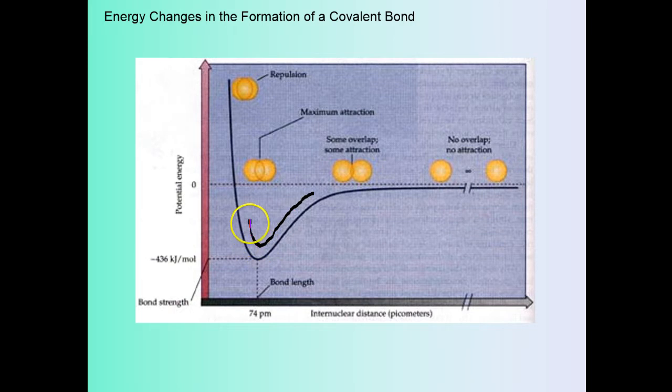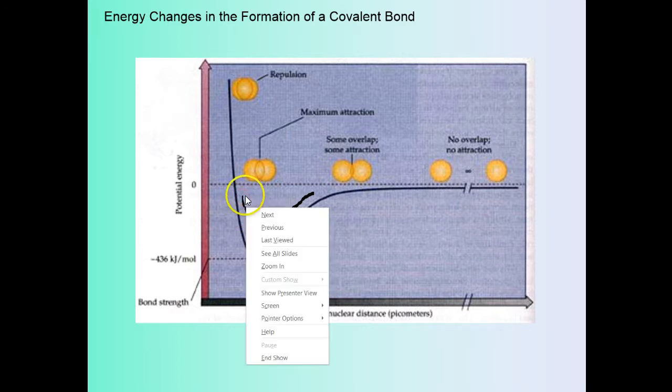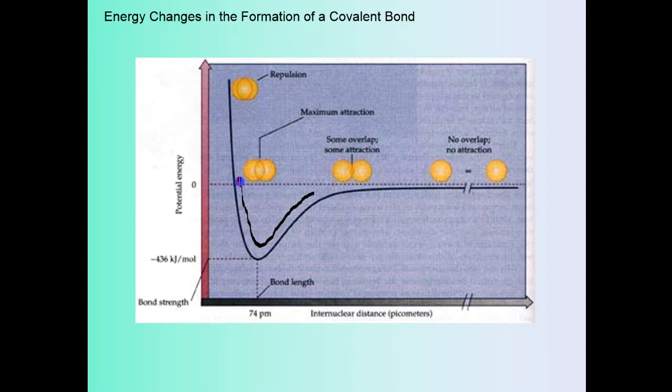And so those atoms are going to pull closer and closer together, having a stronger and stronger attraction. But at some point, they get to the point where they're too close, and those nuclei and the electron clouds are going to repel, and so the potential energy is now way too high. They're going to start pushing away from one another, repelling, and then they're going to go back up where they're too far apart.